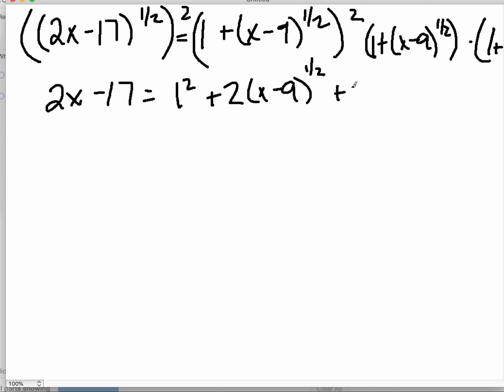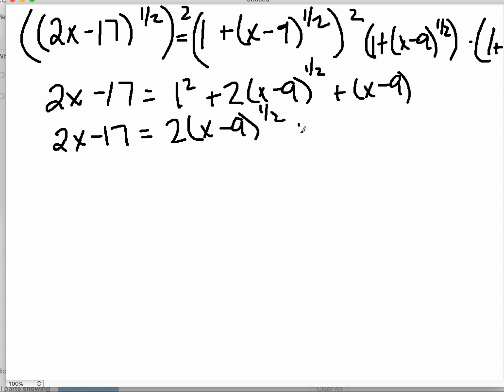And when I square x minus 9 to the 1/2, it becomes x minus 9. So what I did then was I started combining my like terms. So I got 2x minus 17 equals 2 times that x minus 9 to the 1/2 plus x. And then I had the plus 1 minus 9, which gave me minus 8.